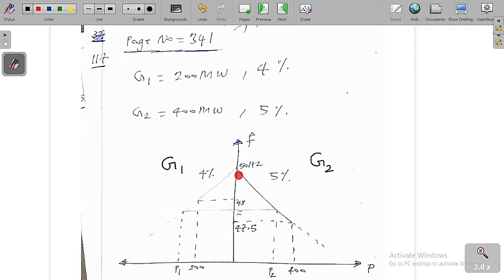Similarly, for this triangle and this triangle, both have the same slope. So 50 minus F by P2 is equal to 50 minus 47.5 by 400. We equate these two and get another equation. By solving these equations we are going to get the value of F.